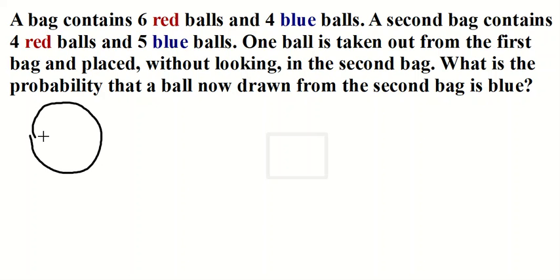So for example, if this is our first bag, it contains 6 red balls, 1, 2, 3, 4, 5 and 6. Then this bag contains 4 blue balls, 2, 3 and 4.